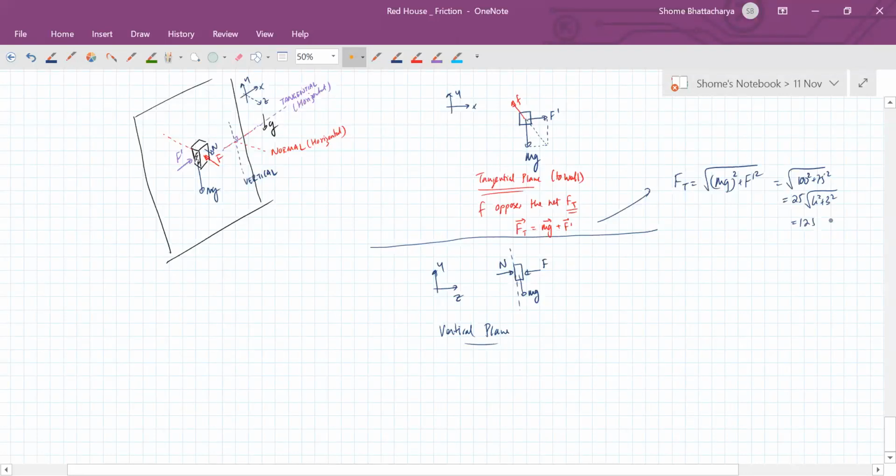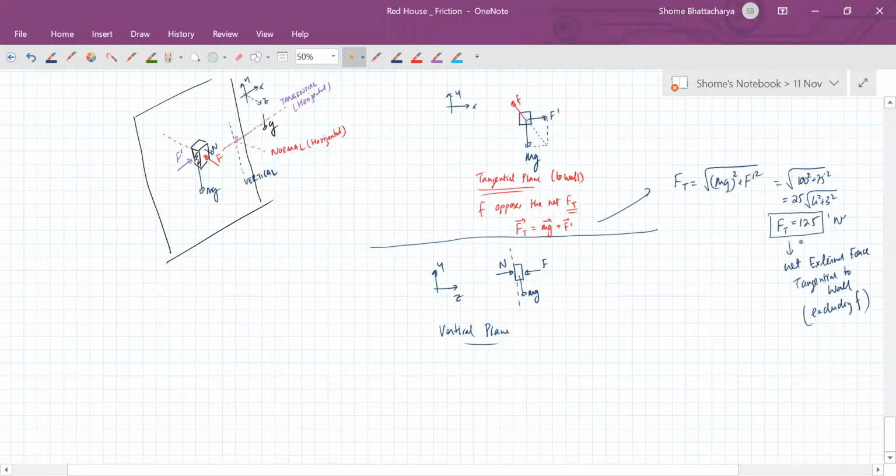So it's 125 newtons, the net tangential force acting with respect to the wall. This is the net external force tangential to the wall, but barring friction. Excluding friction.